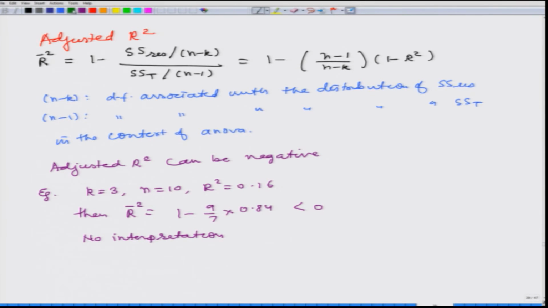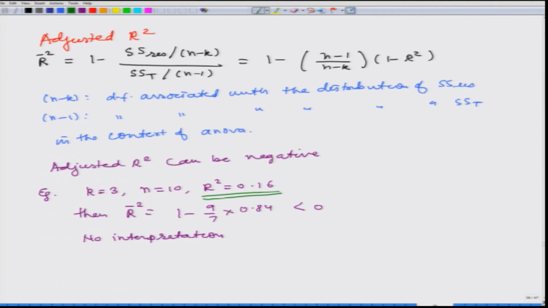On the other hand, if we try to look at this situation from the application point of view, I would argue that in practice such situations are very rare to occur. Why? Because we are getting an R square of 0.16. That means the fitted model is explaining only 16% of variability using the variables x1, x2, ..., xk.